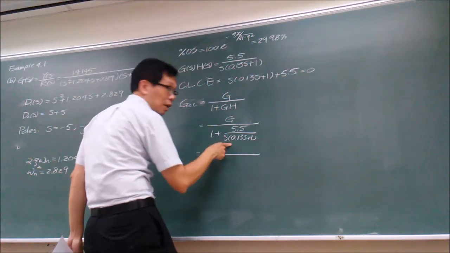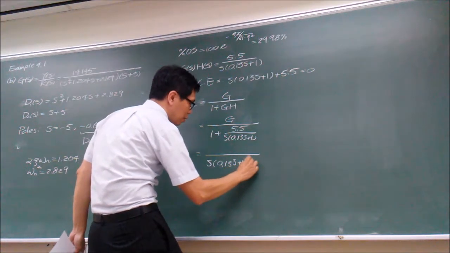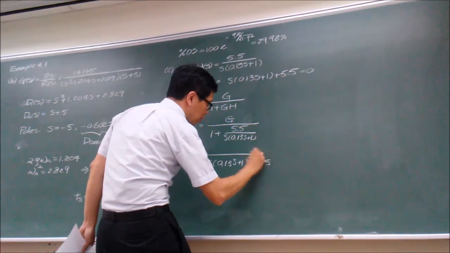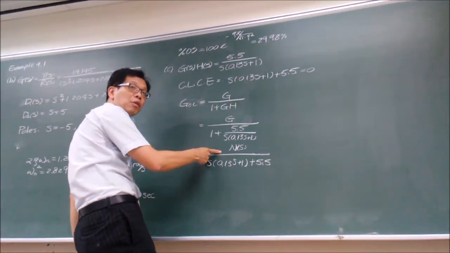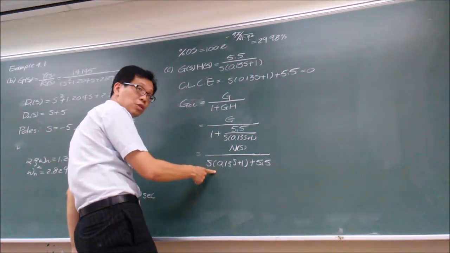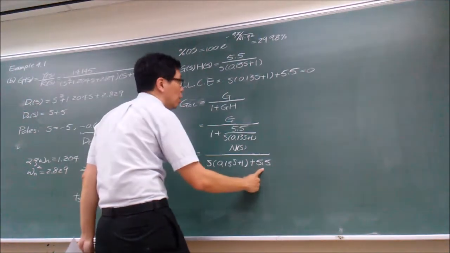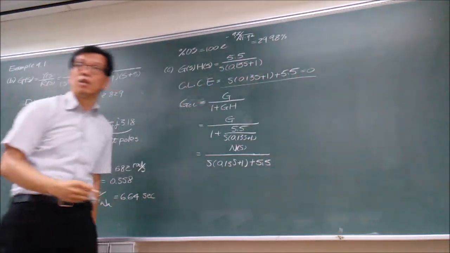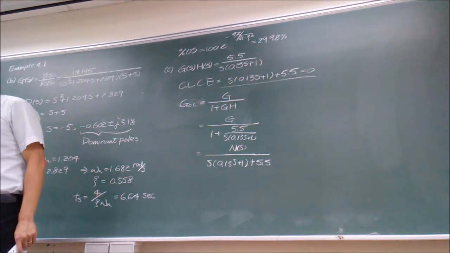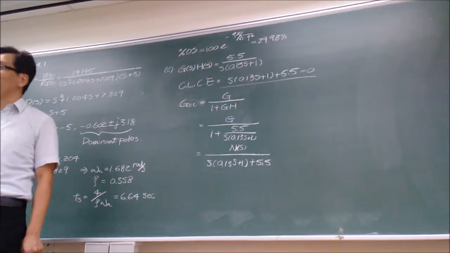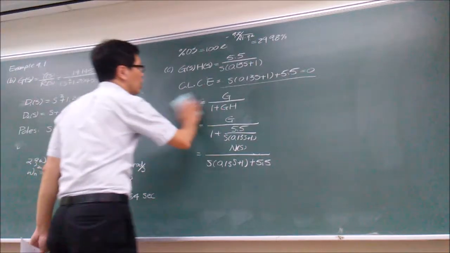And in the denominator, you're going to have, and this is going to be a polynomial. When we talk about the characteristic equation, we are talking about the equation in the denominator. So that is something we need to pay attention to. So this part is going to be this equation over here. Does it make sense? Am I going too fast? No? It's okay? Good. Okay.